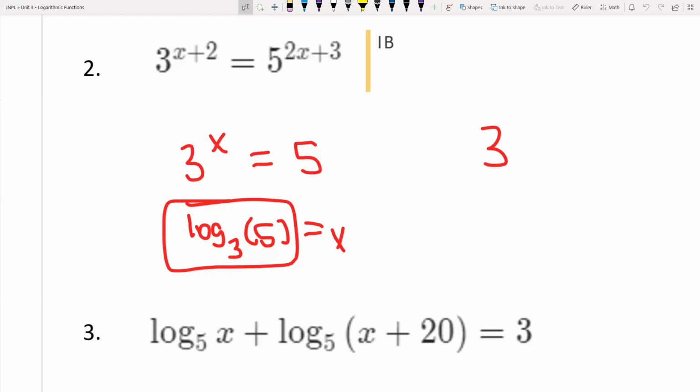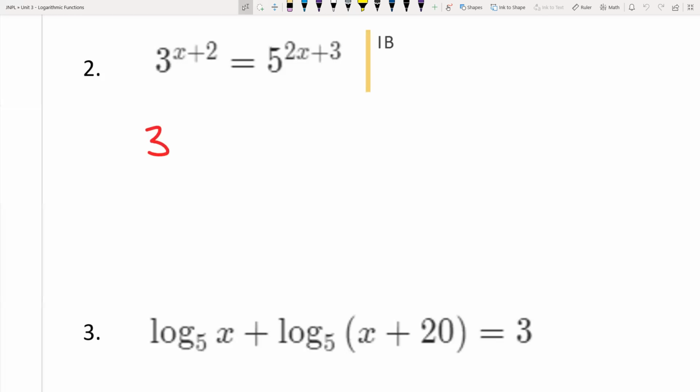We can still do that though. But basically 3 to the exponent of log base 3 of 5 is the same thing as 5. How do we know this? Well, when we have something like that, we can cross out the 3 and log 3, and then we just have 5.